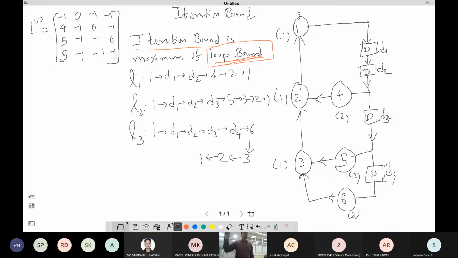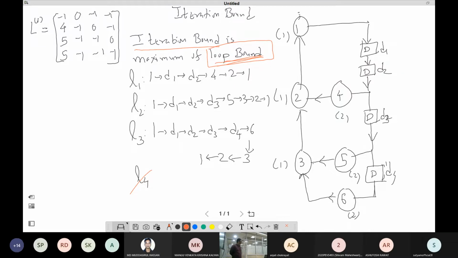Okay, any other loops? L4. Somebody mentioned 6. Okay, so there would have to be L4, L5, L6. What is L4, L5, L6? So there is no more loop in this particular graph. Is this clear?